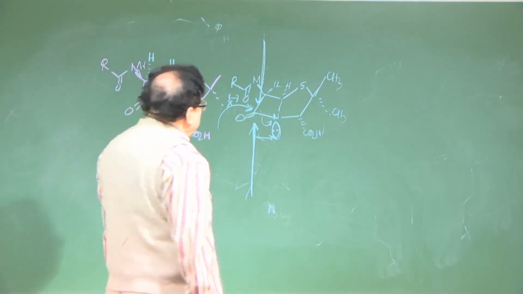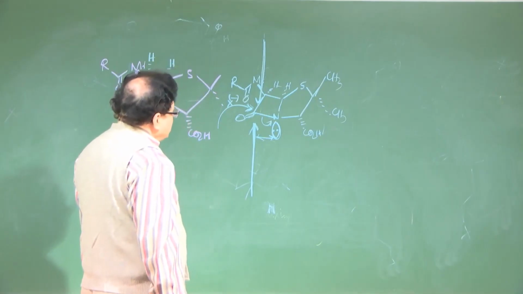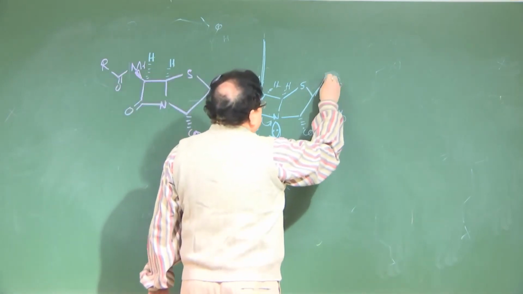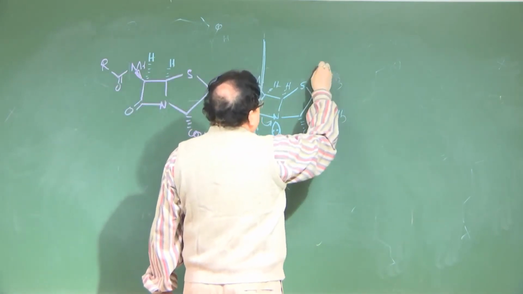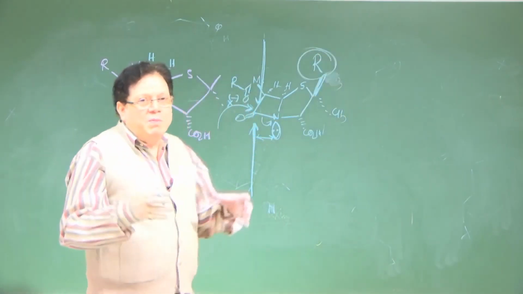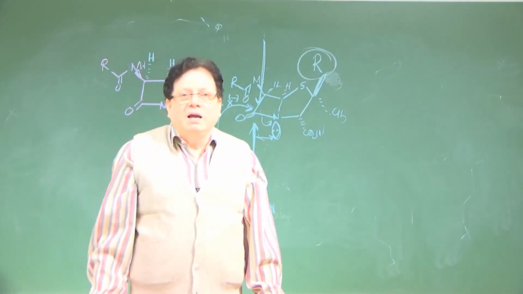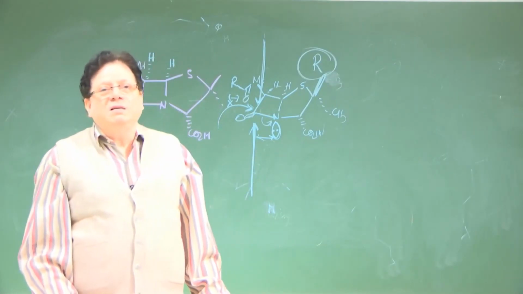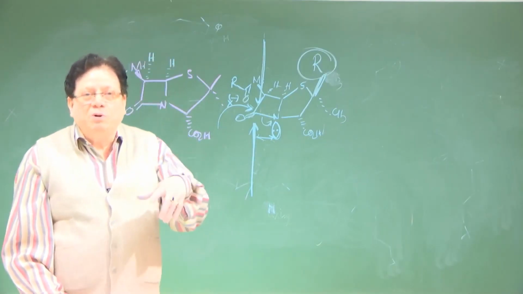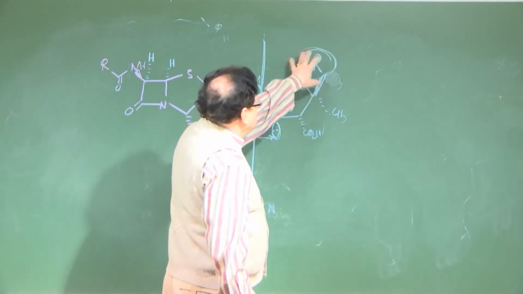Okay. How to prove this type of approach? This is very difficult, but what has been found is that if you put more bulky substituents here on the beta face, that means if you make the beta face more and more crowded, then the penicillin loses its activity, and is much less potent than when you don't have that much crowding.